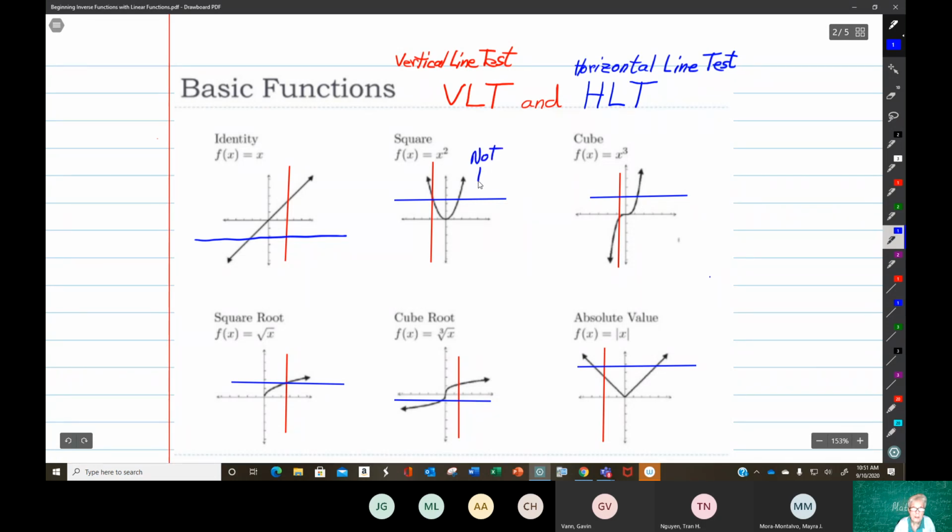Here's the symbol for one-to-one. Okay, not one-to-one. And this function is not one-to-one. But this function is one-to-one, which means it has an inverse.